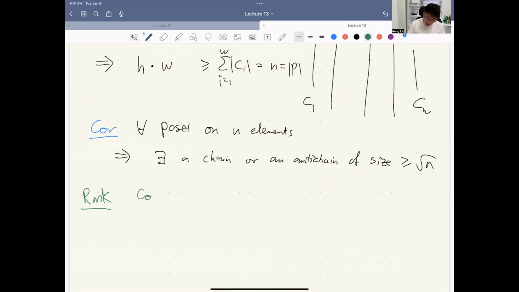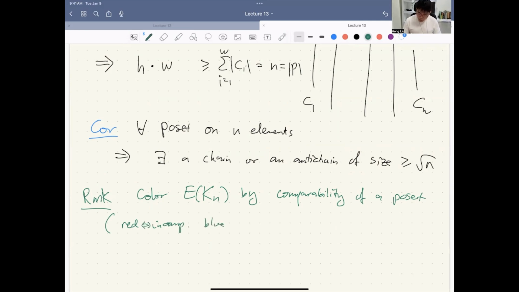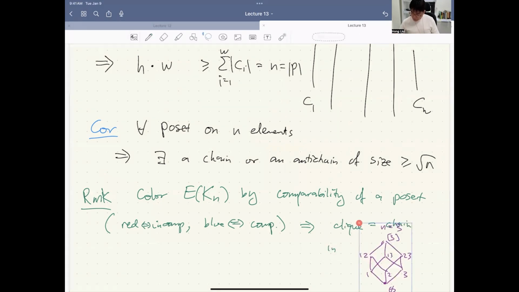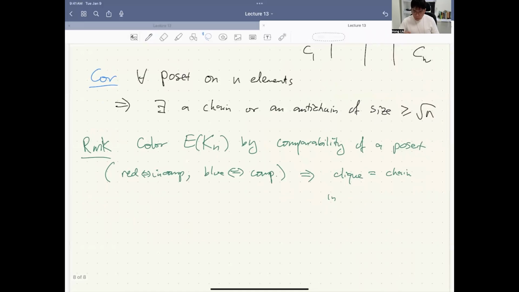So if we color the edge set of Kn by comparability of a poset, meaning red incomparable and blue comparable, we get the clique is a chain, independent set is an anti-chain.